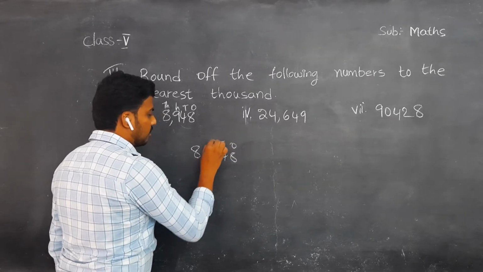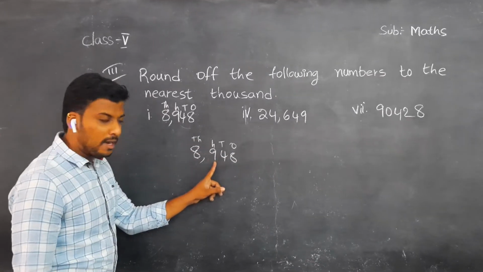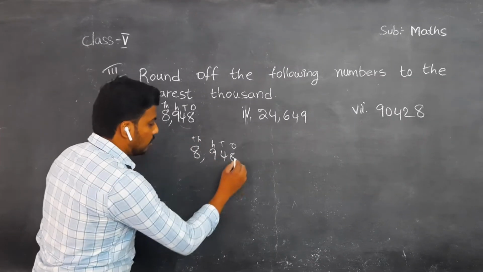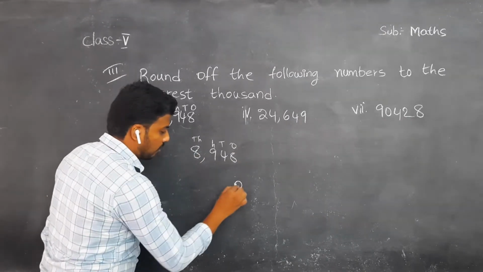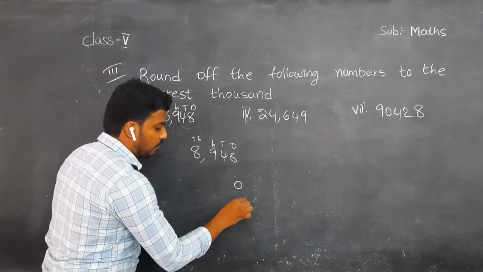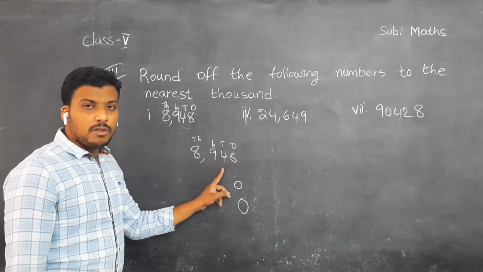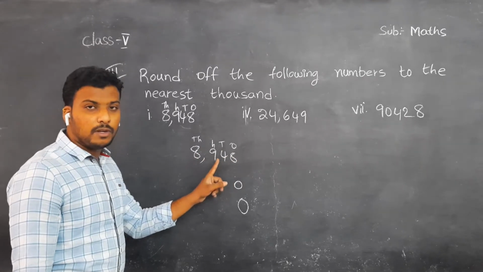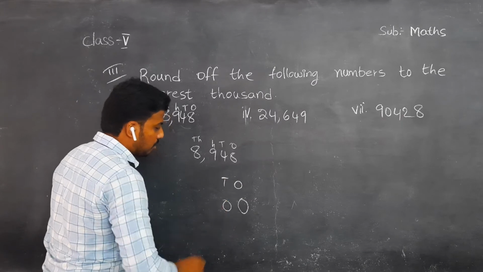Ones, tens, hundreds and thousands. They asked only thousands, so you need to look only at hundreds. In the place of ones, the value is 8, but you should not bother further. So in the place of ones, you need to keep the value 0. And in the place of tens, the value is 4. You should not bother for this number too. So in the place of tens, you need to keep 0.